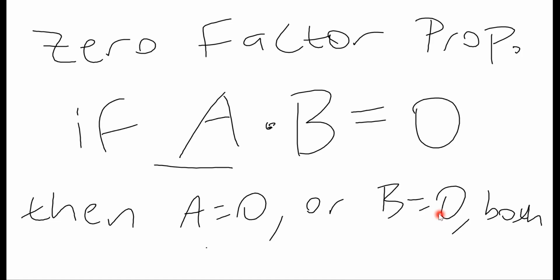If they all multiply out and come out to 0, then at least one of them must have been equal to 0 in the first place. Otherwise, it's not going to work. That's actually pretty telling. And that's also the justification behind why whenever we solve a quadratic equation, we want everything on the same side and then a 0 on the other side. But you'll see why in a moment.